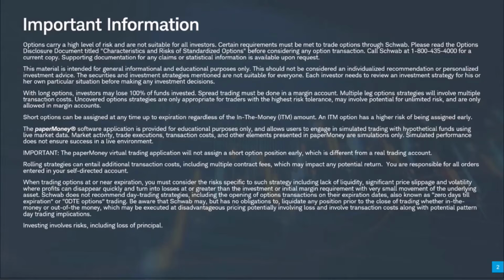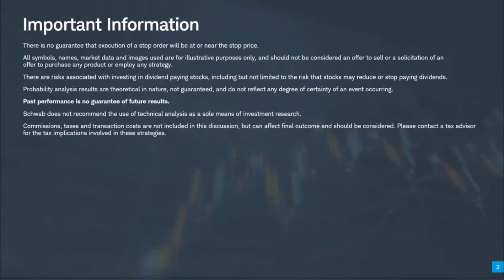One difference is that in Paper Money, short options are not assigned early, but in a live account, that certainly could happen. So when we have those opportunities, I try to point those out to you. Investing involves risk, including the loss of principal. When we talk about probabilities, keep in mind they're theoretical in nature and not guaranteed. Past performance is no guarantee of future results.